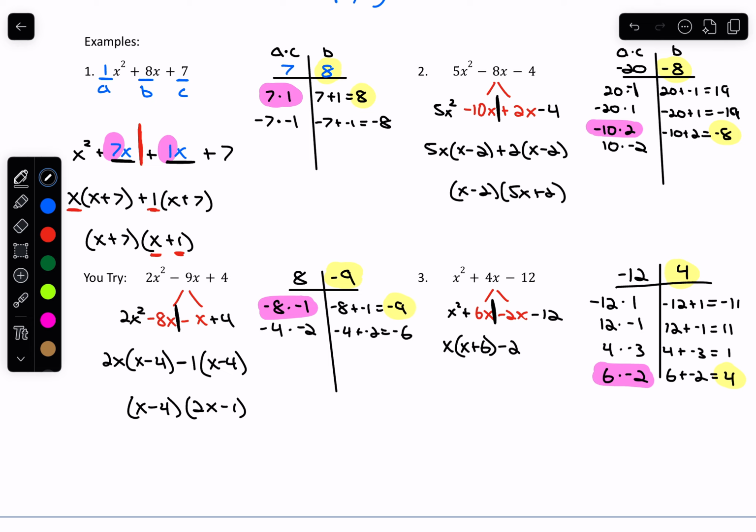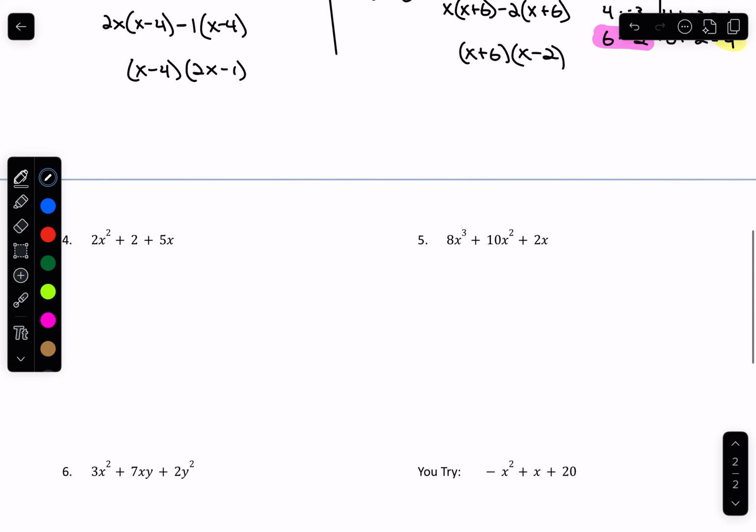In this case, I'll pull out negative 2, and that leaves behind x plus 6. But again, I knew I was going to have to pull out a negative because it was negative 2x there. We will automatically pull out a negative number when the first term has a negative coefficient. All right, now I can go ahead and pull the x plus 6's to the front and leave behind the x minus 2.